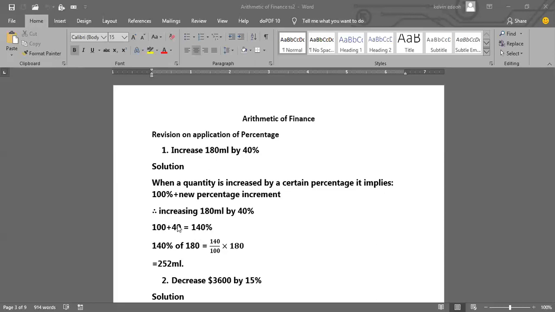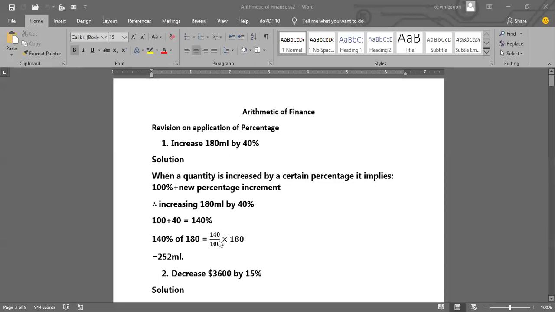Look at it right there: increasing 180 ml by 40%, you see 100% as the initial 180 ml, then plus 40 gives 140%. So you're now calculating 140% of 180, which is 140 over 100 times 180. That gives us 252 ml.